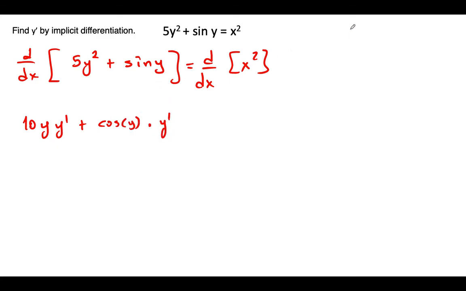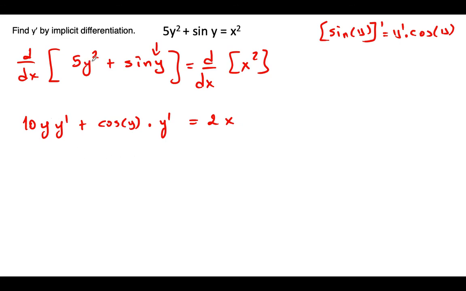Chain rule, don't forget, I mean sine of u derivative is u prime times cosine of u. So our u is right now y. And then d/dx of x squared will be 2x.